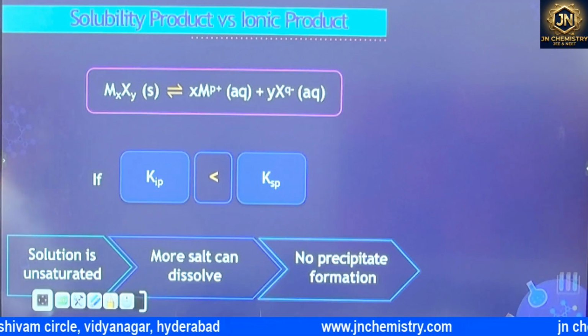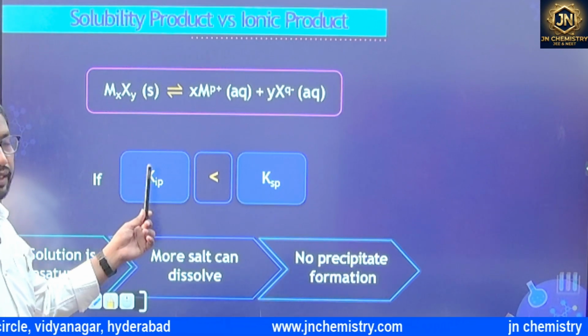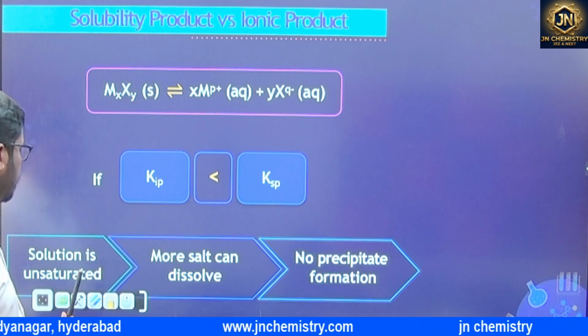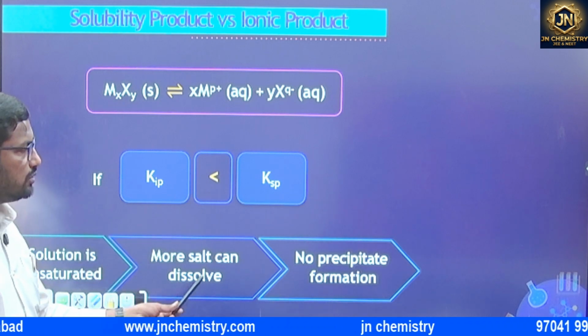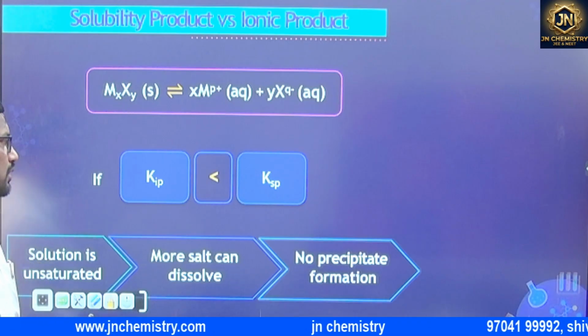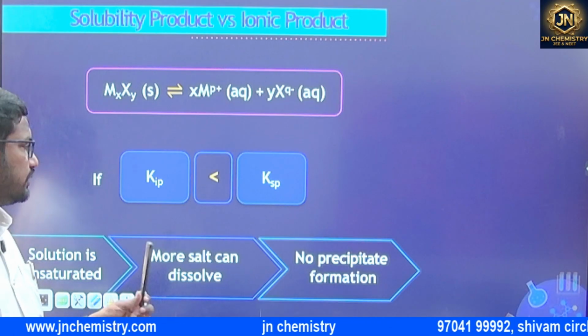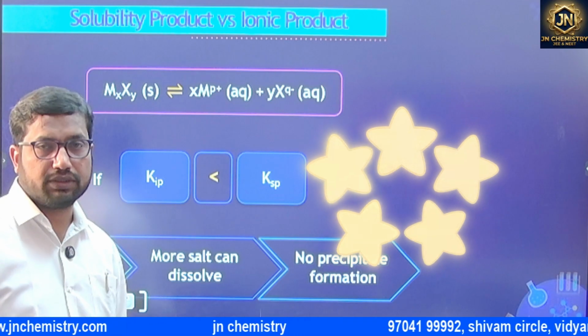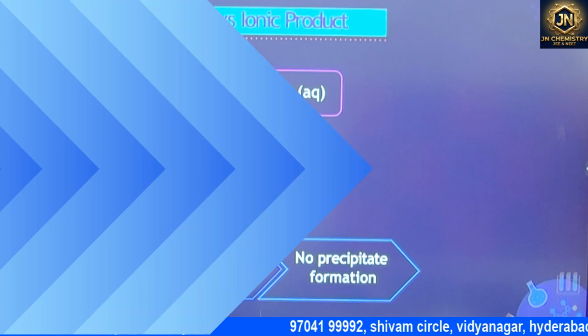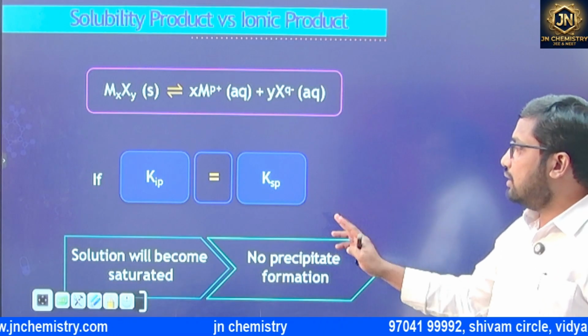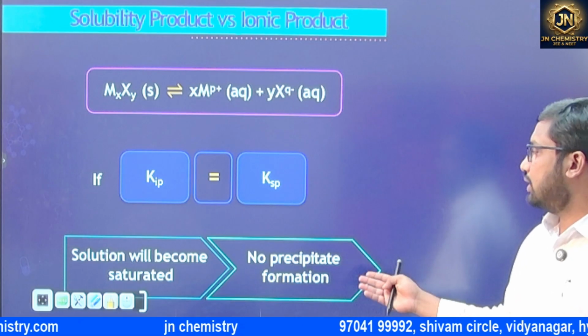If ionic product is less than solubility product, the solution is unsaturated, so more salt can be dissolved and no precipitate is formed. This is very important, keep asking questions based on this. If both are equal, the solution becomes saturated, no precipitation.